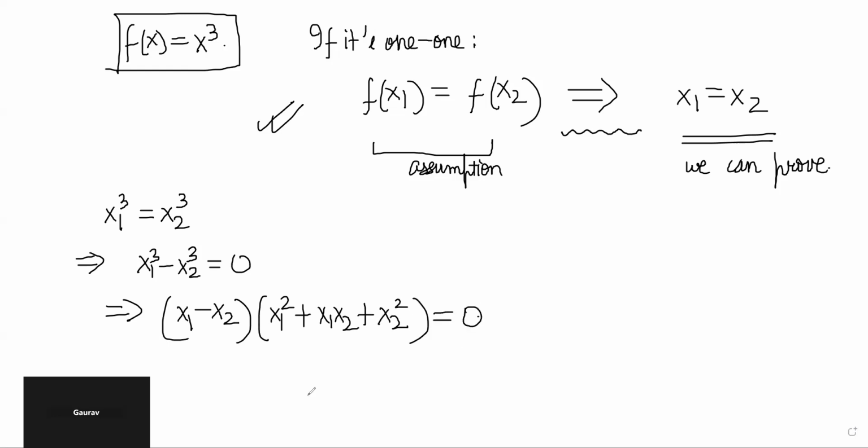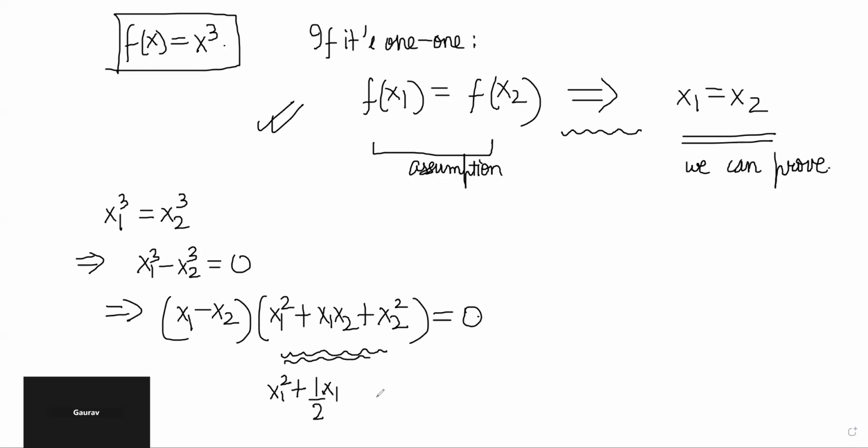Now, if you think about this quadratic, we can prove that this quadratic will never have real roots. For example, how can we prove that? We can say that this is x1 square plus half into x1 into 2x2.